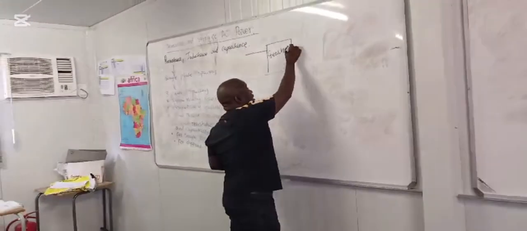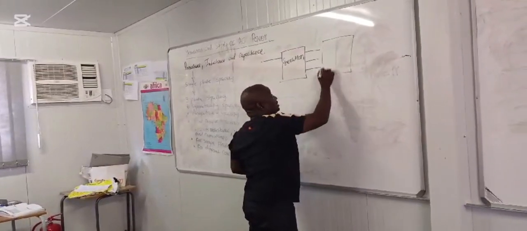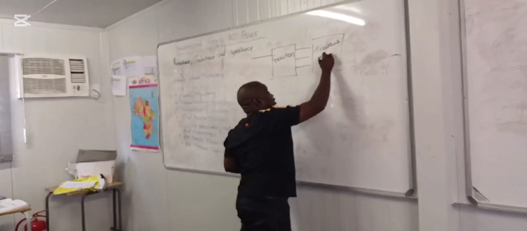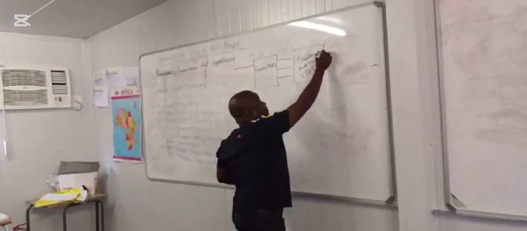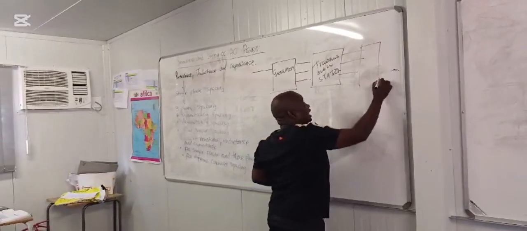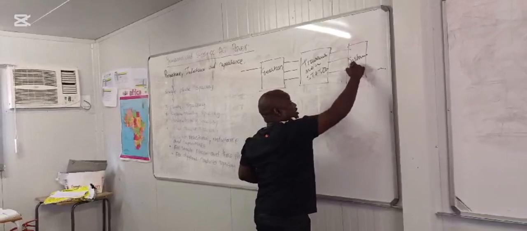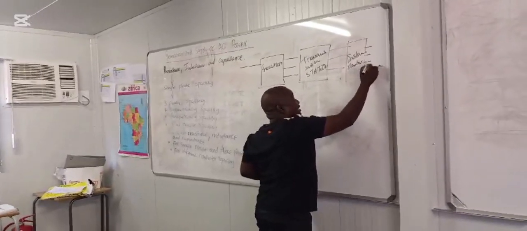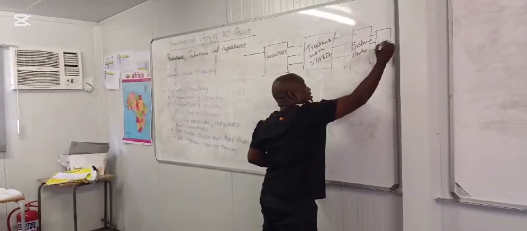Then from the generation, we move to what is called the transmission station. From the transmission station, we move to the distribution station. And then our last one will be what? Utilization.